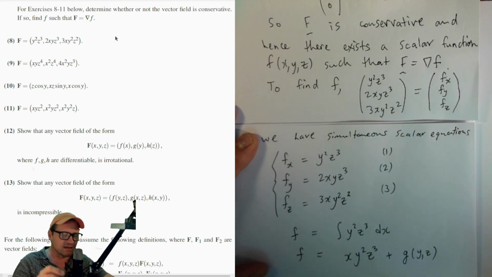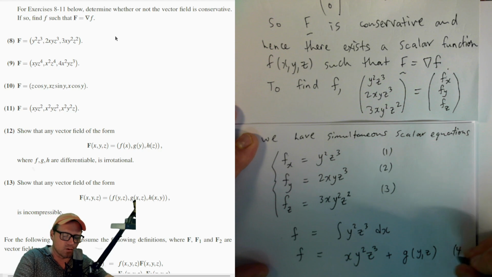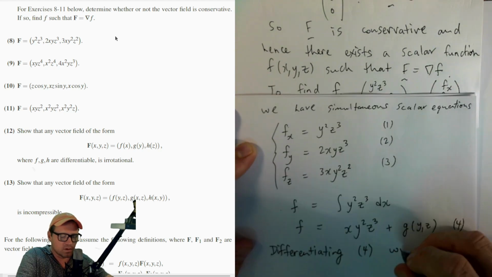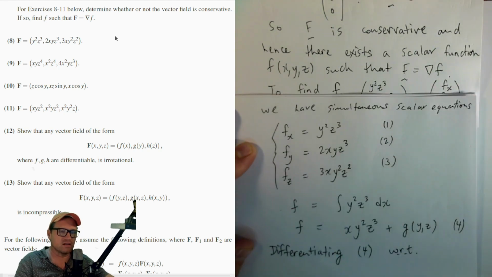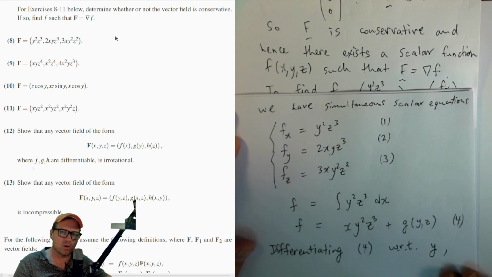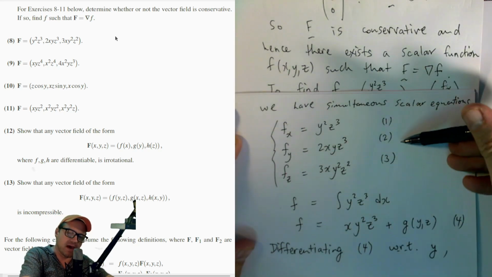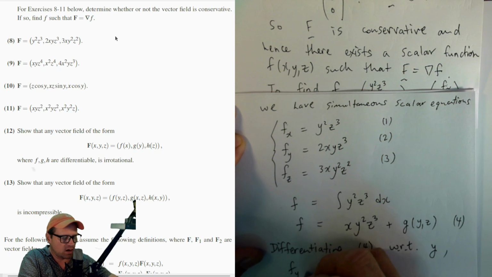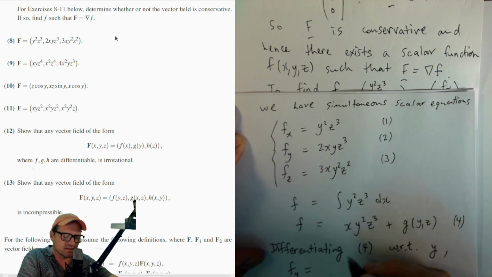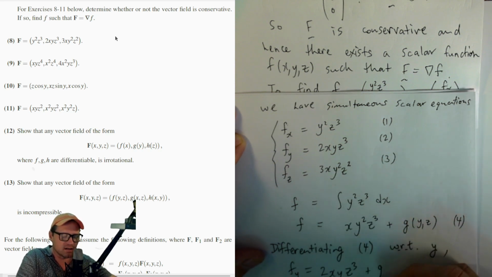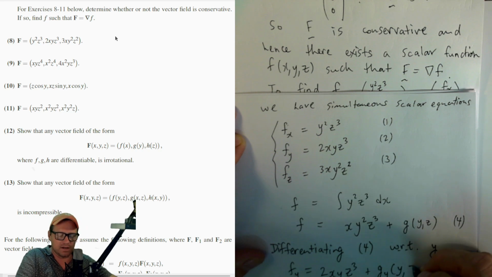Okay, so now taking this, let's call it equation 4, and differentiating with respect to y, and the reason why we want to do this is so that we can match that with equation 2. Okay, so we have f y equals, differentiating this with respect to y partially gives 2xy z cubed, and the derivative of g with respect to y partially, let's just write it as g subscript y, y comma z.